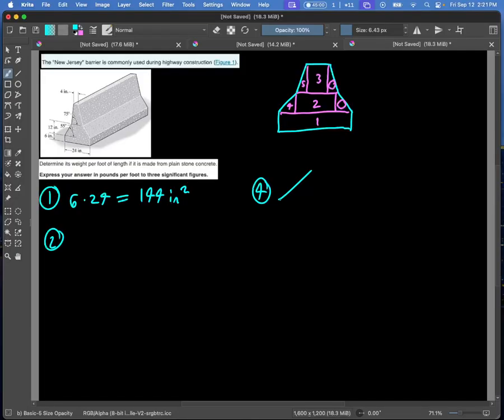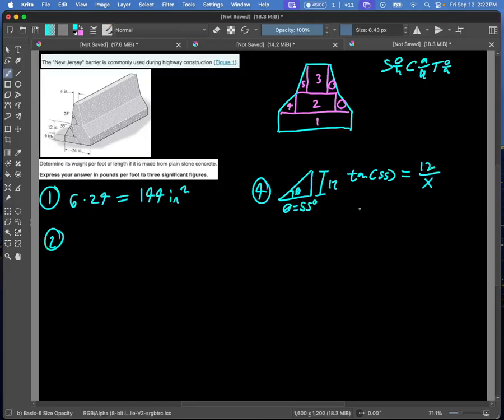So shape 4 is a right triangle whose height is 12 and whose theta equals 55 degrees. So if we remember our SOHCAHTOA, we have an opposite and we're trying to find the adjacent here. So tan 55, which is our angle here, is going to equal our opposite, 12, over our adjacent, which is the length we need to find.